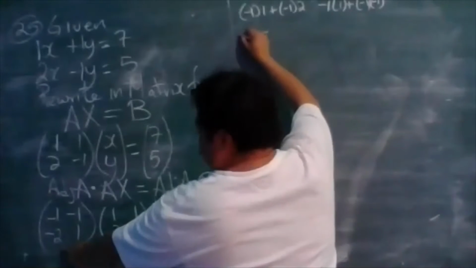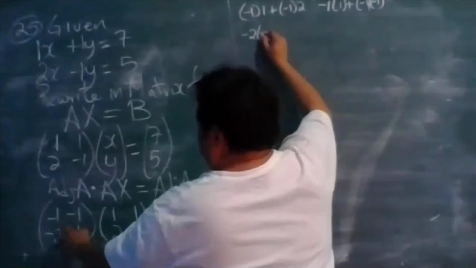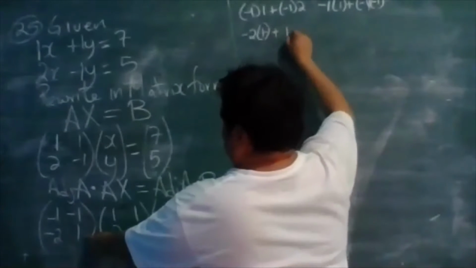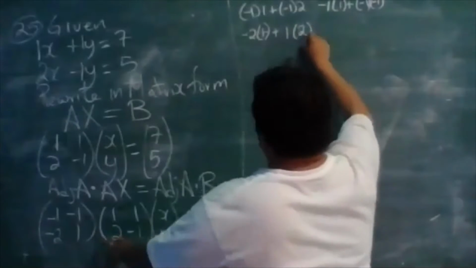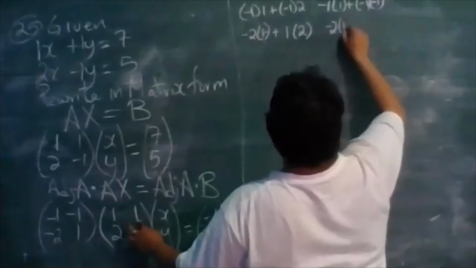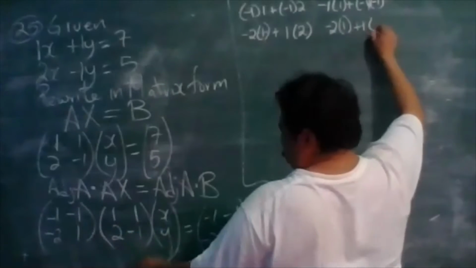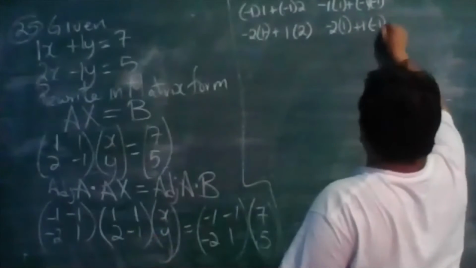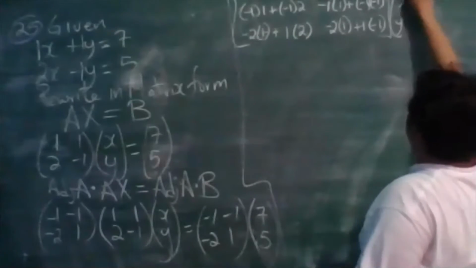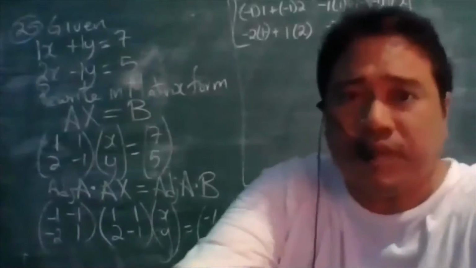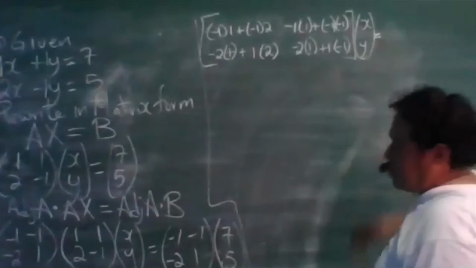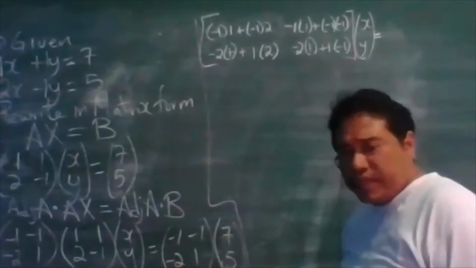The next at the bottom, negative 2 times 1 plus 1 times 2. And then negative 2 times 1 plus 1 times negative 1. And this I must multiply to the x, y.